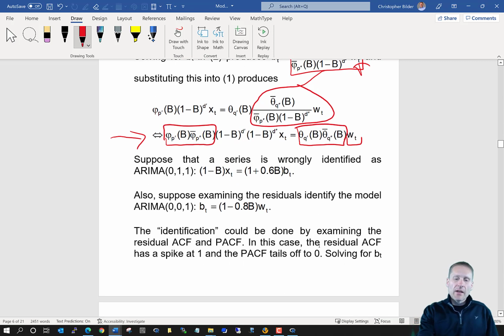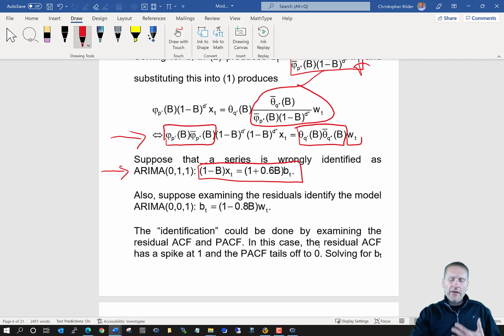So let's say originally a candidate model has been identified. It's a moving average 1 model. I'm sorry, it's an ARIMA 011 model. And let's say this is actually an incorrect model. We have come up with this particular model here. Somehow, let's say we know what the true value of theta 1 is, just for demonstration purposes.